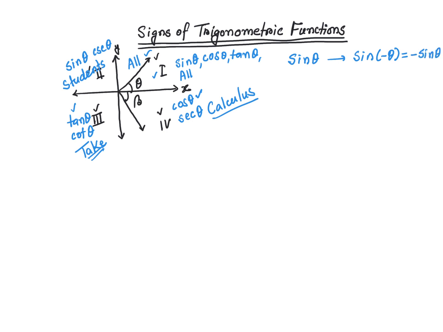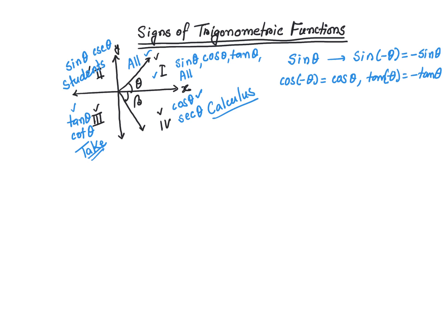So this is a property you want to remember. And for cosine of negative theta, similarly, cosine of negative theta is going to be cosine of theta. And then tangent of negative theta is going to be equal to negative tangent of theta. And similarly, the reciprocals are going to work out too.